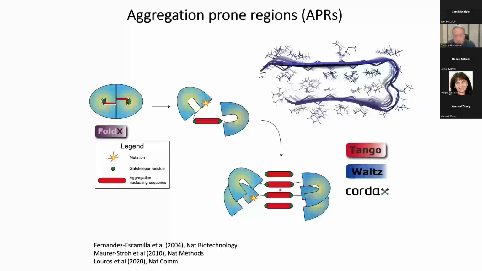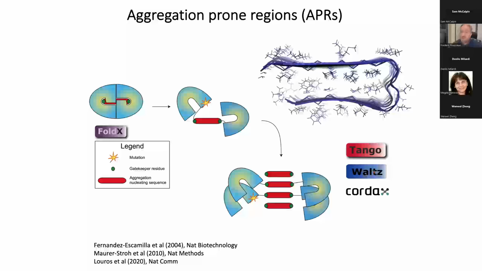And we and many other labs have made a whole series of predictors, so how to identify in a primary structure of a protein those regions that are particularly prone to engage in such interactions. And we in our lab developed Tango and later Waltz and even more recently Cordax. Tango, for instance, the first one, was based on biophysical principles. So what Tango takes into consideration is beta sheet propensity, charge, hydrophobicity.